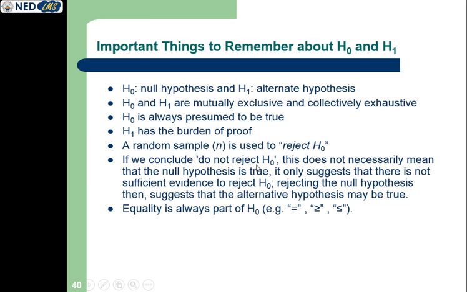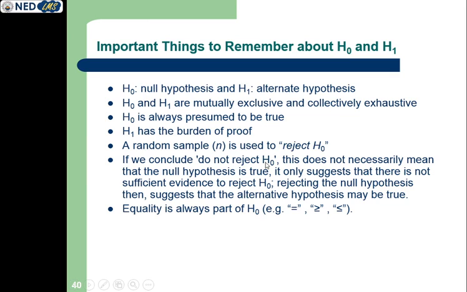If we conclude do not reject H naught, it does not necessarily mean the null hypothesis is true. If we write do not reject H naught, it only suggests there is no sufficient evidence to reject the null hypothesis. All these points are very important and relevant to the numericals. In numericals we sometimes say do not reject H naught, sometimes reject H naught, sometimes accept H naught.